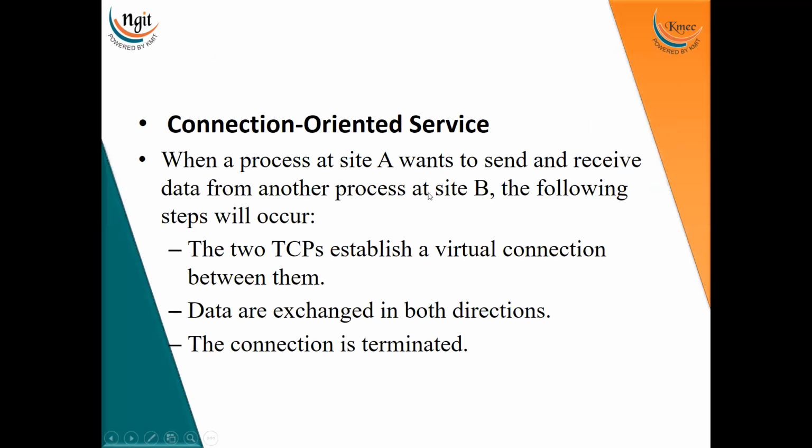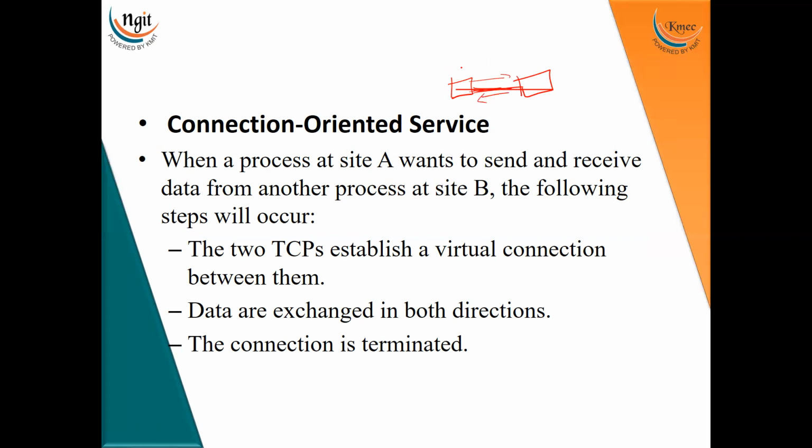The third service is the connection-oriented service. In our first session, we learned that the best example for the connection-oriented service is TCP. When a process at site A wants to send to and receive from a process at site B, first it creates one virtual connection. Then only can the data be exchanged in both directions.